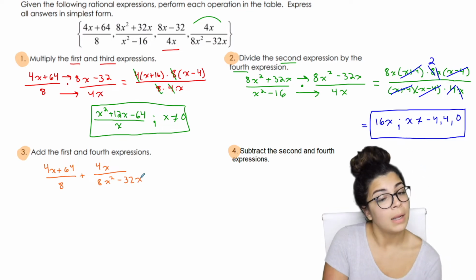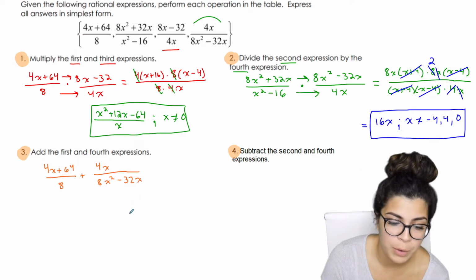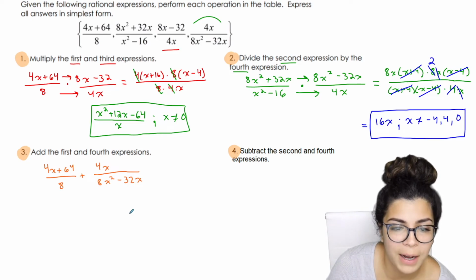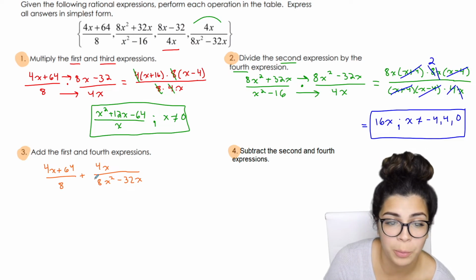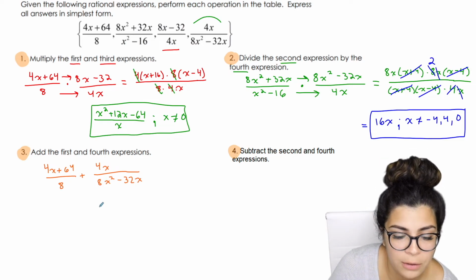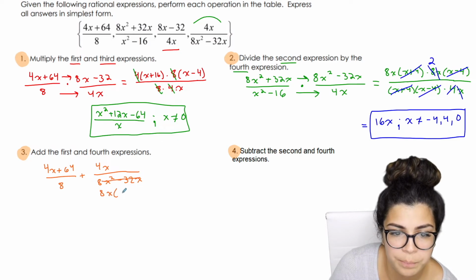Okay, now for adding, remember you need a common denominator, right? So let's go ahead and factor this denominator to see if there's any common factor that we don't already have to multiply in. So if I factor out this denominator, it would be 8x times x minus 4.